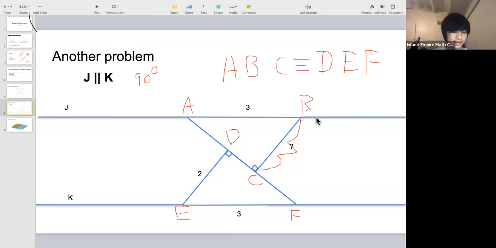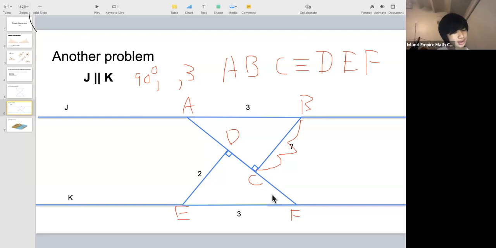But we only have an angle and a side, and if you remember, all of these require more than just an angle and a side. It's side, angle, side, or angle, side, angle, or side, side, side, and angle, side, side doesn't exist. But basically, we need more information.